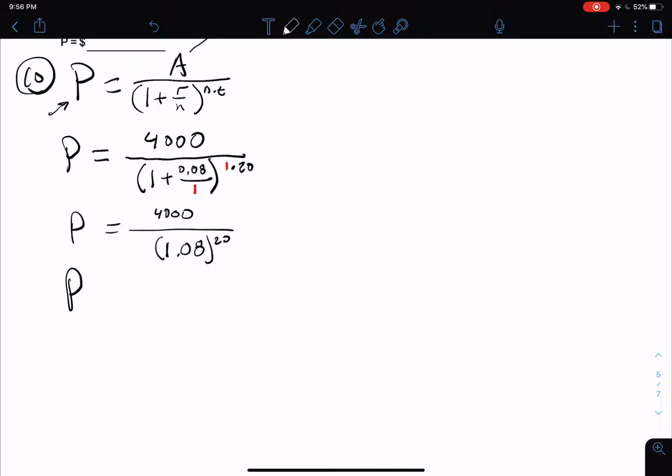Let's do that on our calculator, and we get approximately the present value, $858.19.